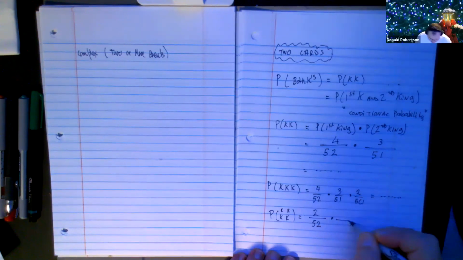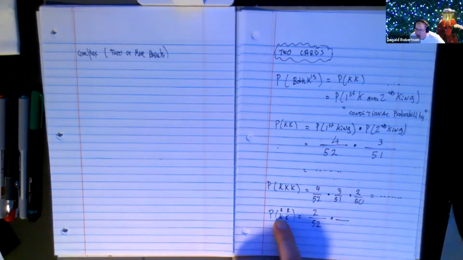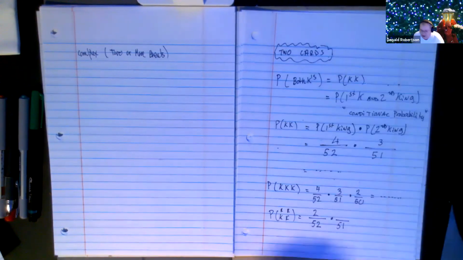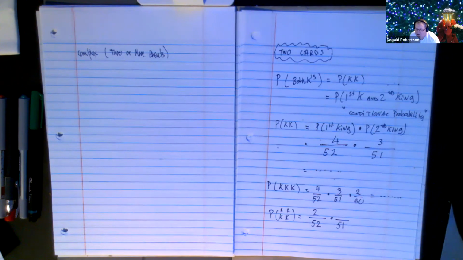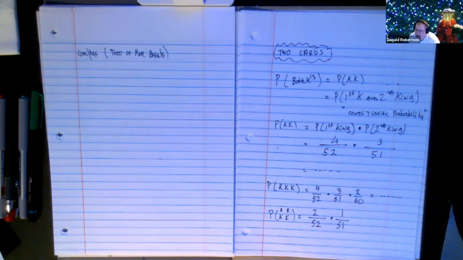Now, the first card has gone by, but didn't the first card have to be a red king? So there are only 51 cards left in the deck. How many of them are red kings? 1. There's your probability. You see how that works?